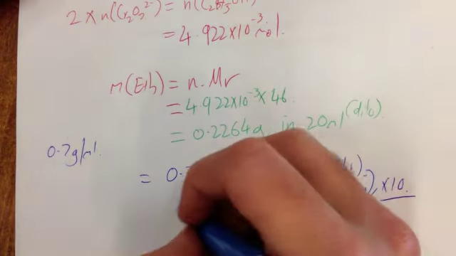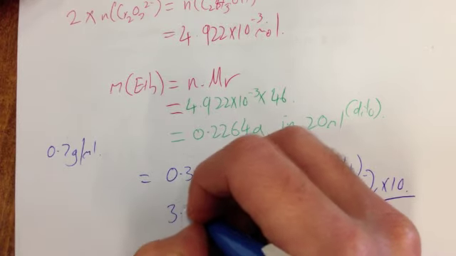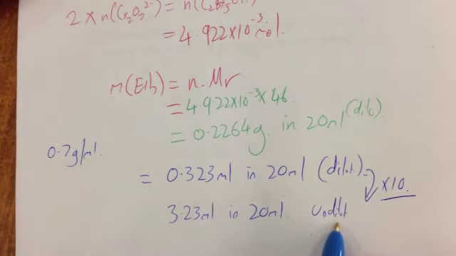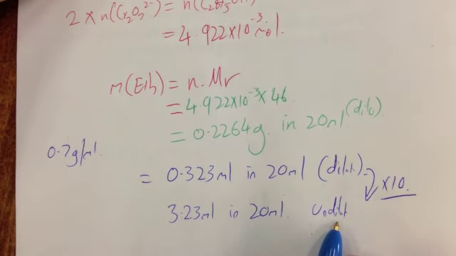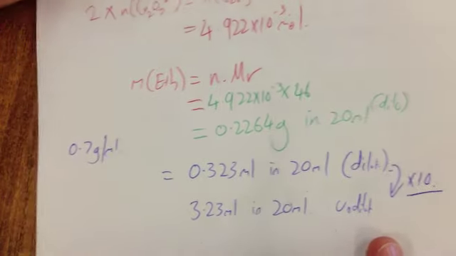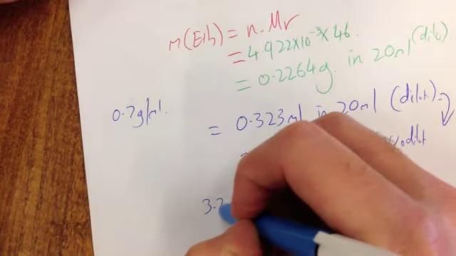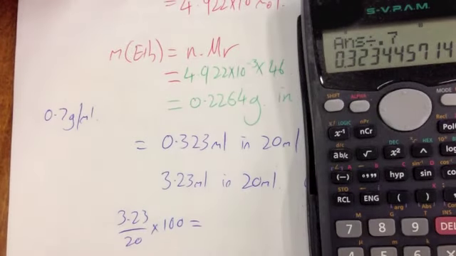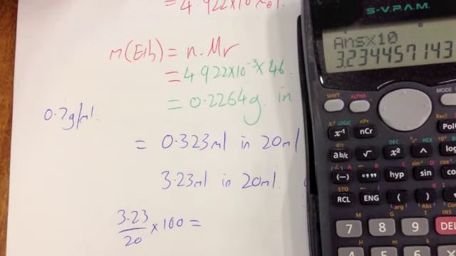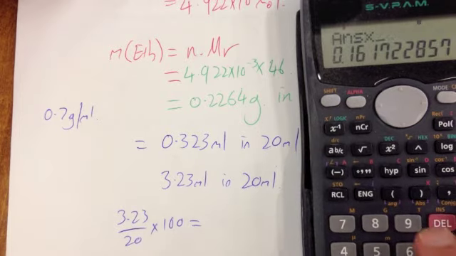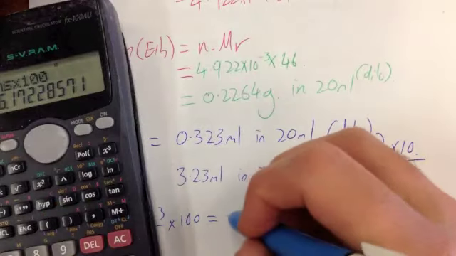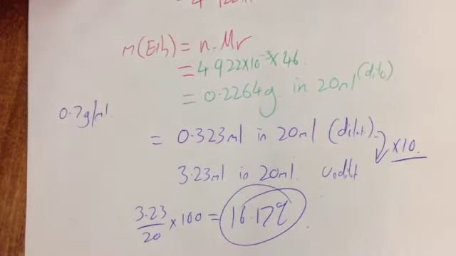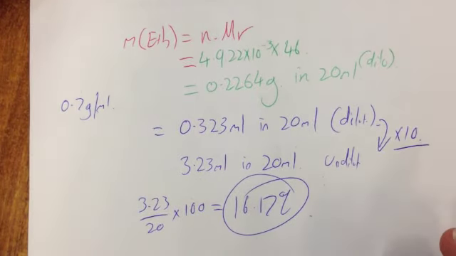So therefore, you'd have 3.23 mils in 20 mils for your undiluted solution. From this, you can work out a percentage. You'll get 3.23 divided by 20 times 100 will give you your percentage by volume, equals 16.17% is the percentage of alcohol in your liqueur.